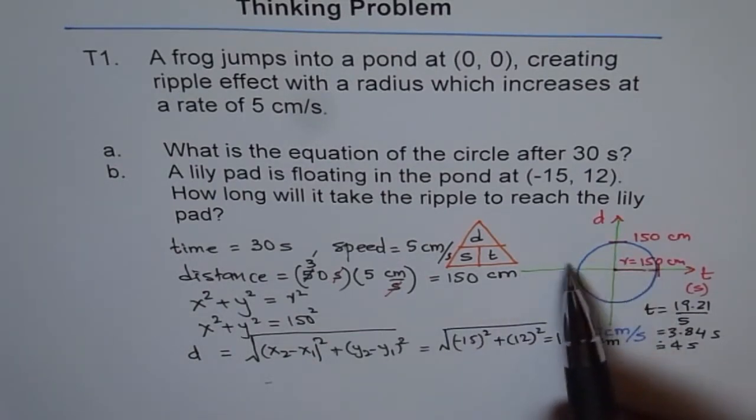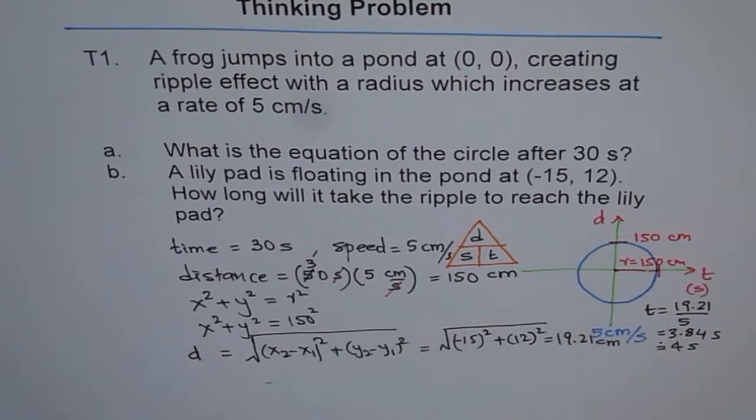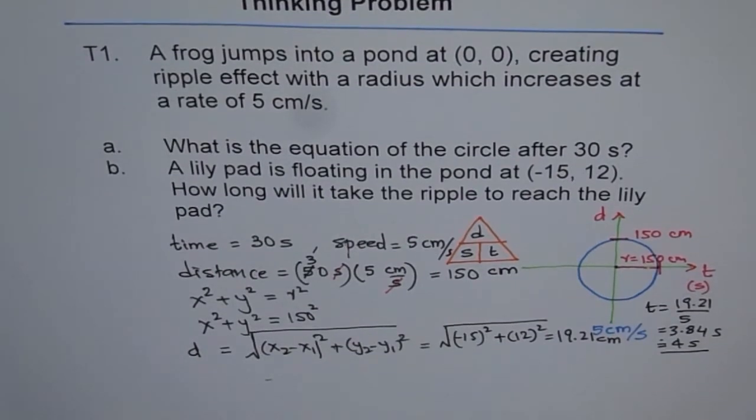That becomes the radius of the ripple, and so we get the equation of the circle, x squared plus y squared equals r squared. Part B was to find the time taken to reach the lily pad. So first you find the distance, divide distance by speed to get the time. The answer was approximately 4 seconds. Okay, I hope you understand it.